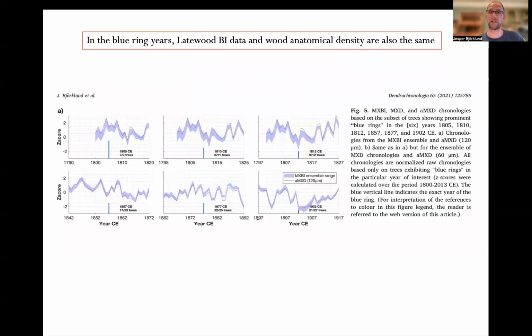And when we compare the blue intensity with wood anatomical density, which cannot take the lignin content into account, the blue ring years here, demarked by the blue line, you can see that there's no real deviation from the wood anatomical density. And this is at all the blue ring years that we can identify that were at a substantial amount in each chronology.